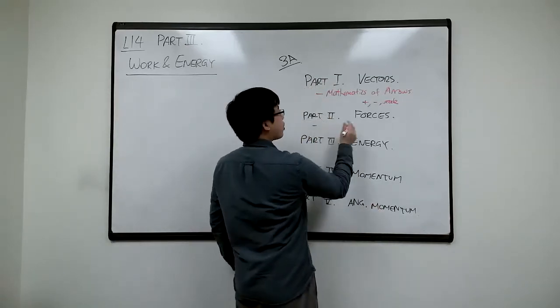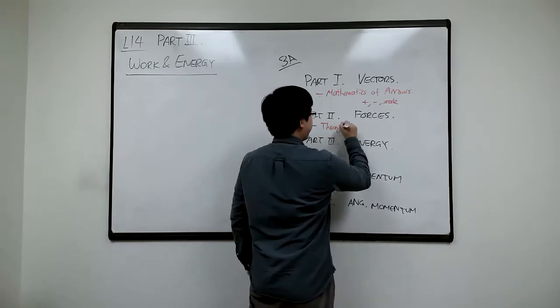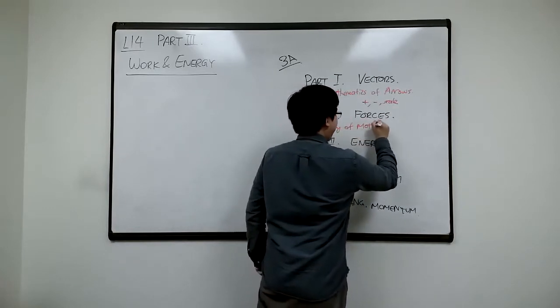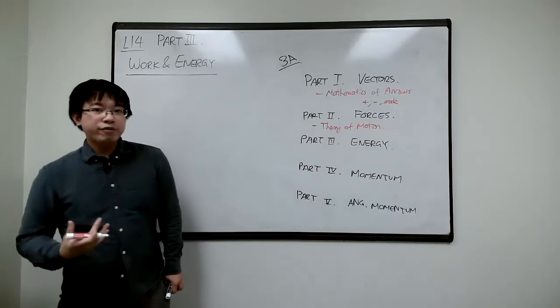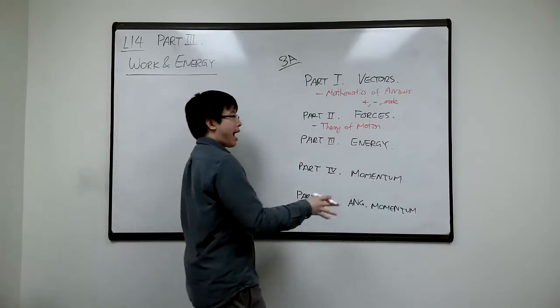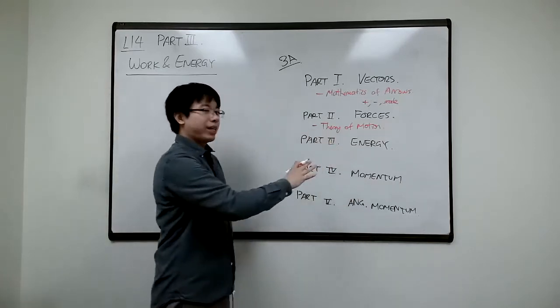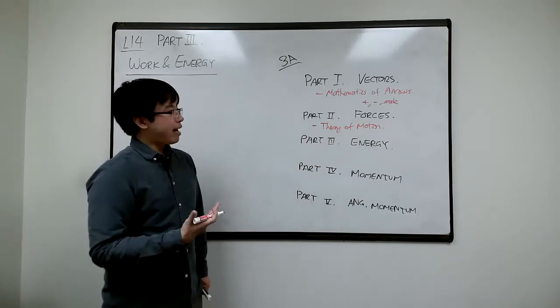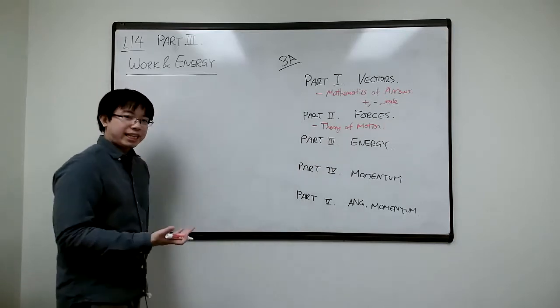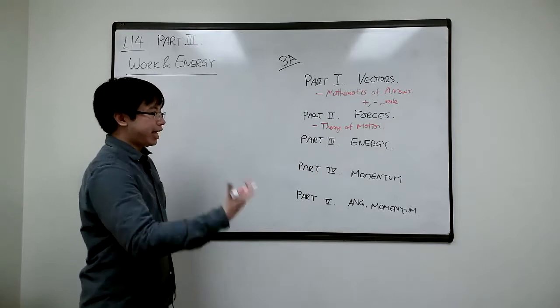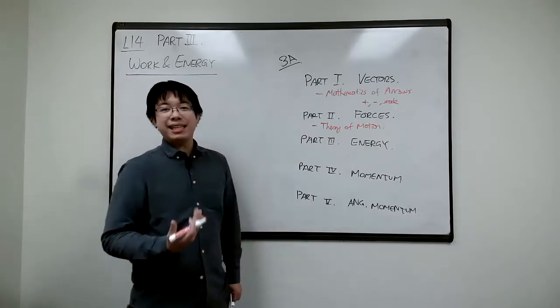But then we look at forces, which is what I call the theory of motion, looking at the origin of motion, why it happens. And the answer we give is forces make it happen, or not necessarily happen, but make motion change, and how it changes is kinematics.